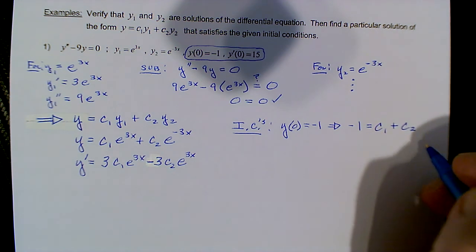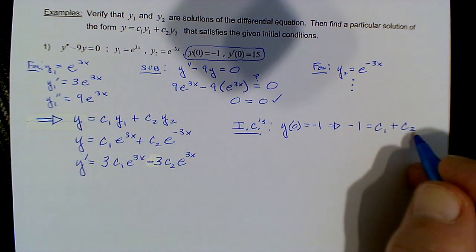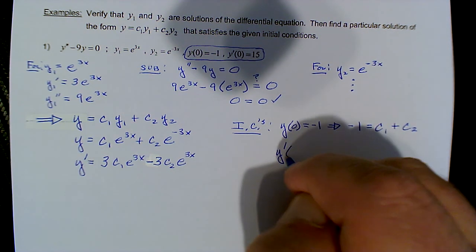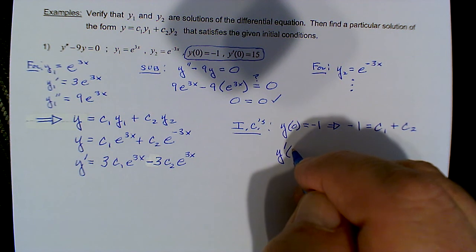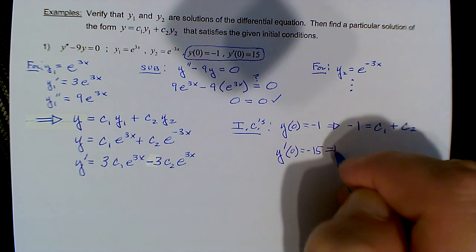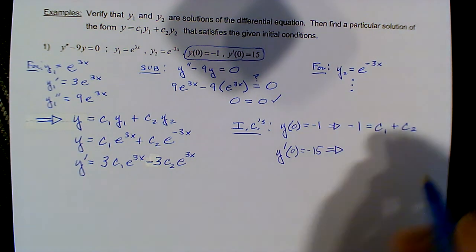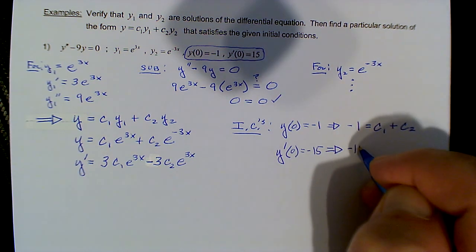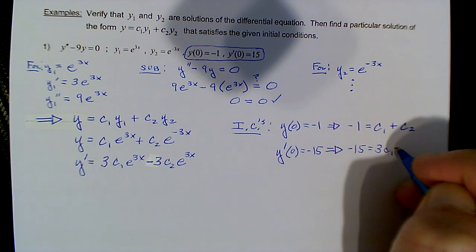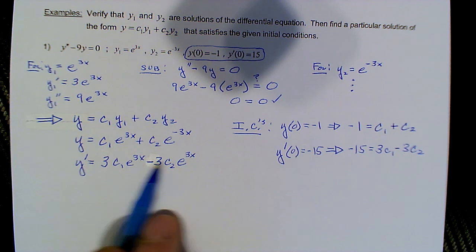Note that that's one equation with two unknowns. And our second initial condition, y prime of 0, was given to be negative 15. Substituting into our first derivative, we have negative 15 equals 3c1 minus 3c2, because when x is 0, these are e to the zeros.